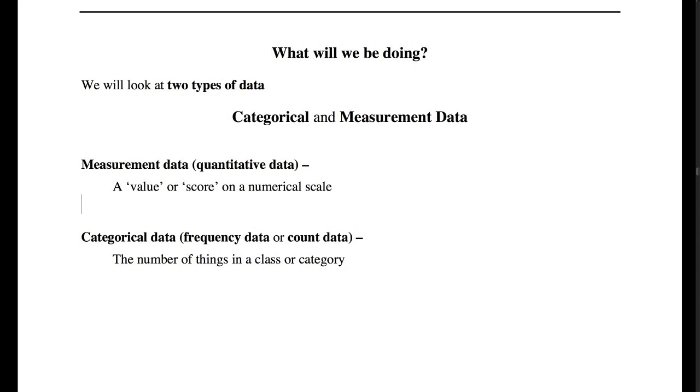So other examples would be the number of days punishment per infraction, or the amount of testosterone in your saliva, or the concentration of testosterone in your saliva. Categorical data, also known as frequency data or count data, those are the number of things in a class or category.